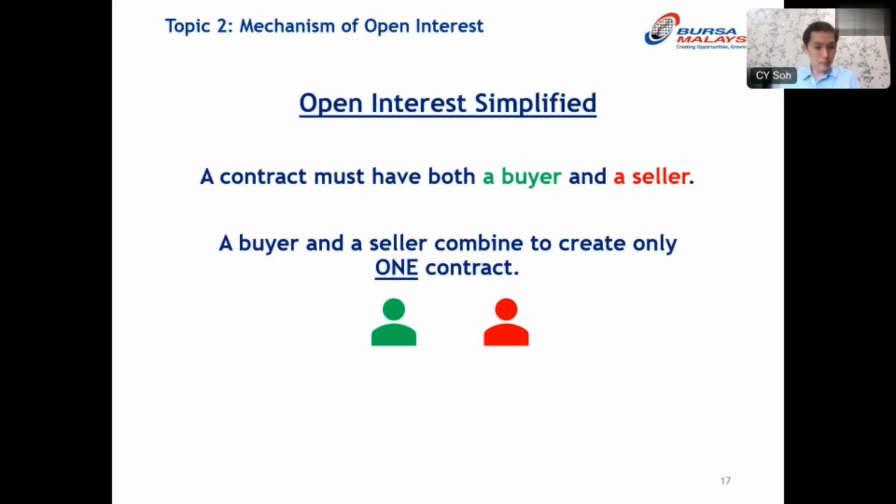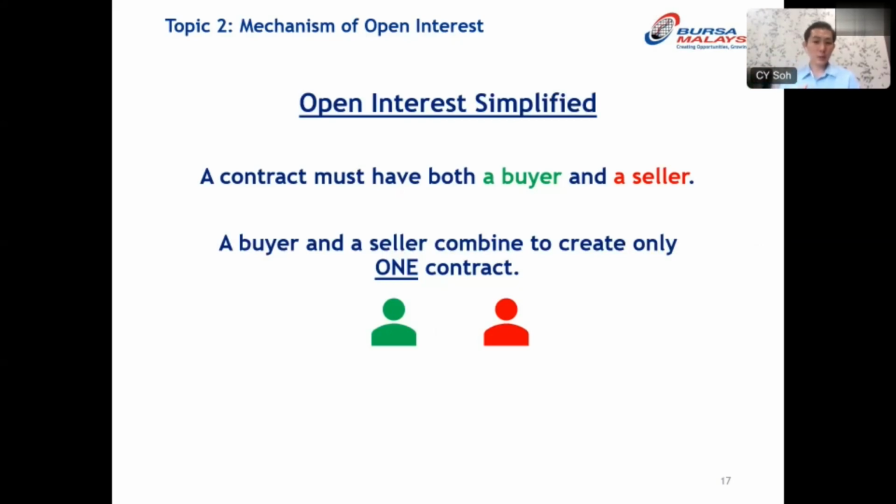So to make it simple, open interest represents how many outstanding long or short positions are in the market, but not the combination of both, okay? For example, if you have 50,000 long contracts in the market, it also means there is in total only 50,000 open interest, because for every person who longs the market, the other party is shorting the market.